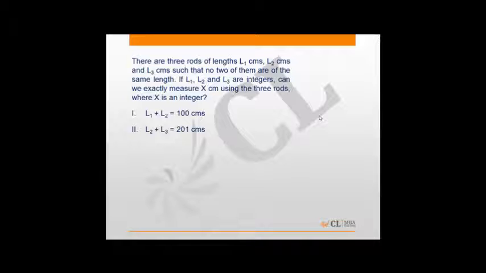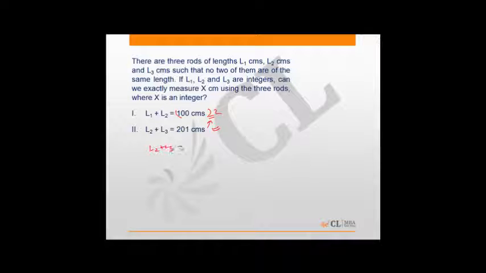So it is very clear that statement A alone or B alone is definitely not sufficient because the information is very less. Now we have to check the combination of the two. If you see the numbers here, L1 plus L2 is 100 centimeter and L2 plus L3 is 201 centimeter, right? So if I subtract double of equation 1 from this equation, I'll get 1 centimeter.